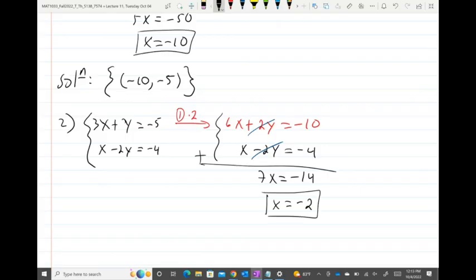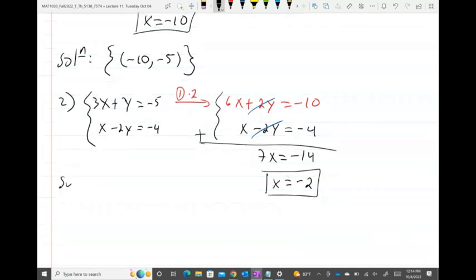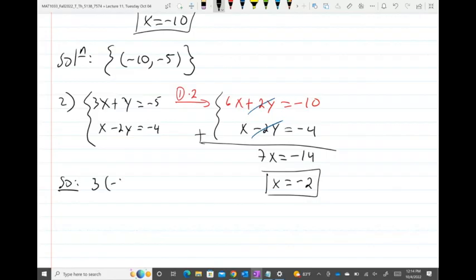Once you have your x, we need to figure out y. Now here there is an equation that's very easy to find y. Which one should you use to find y? The top one, right? Because y is already by itself. You just move this to the other side, right? So you put the -2 here. That's -6. Move it to the other side, and you're done. So I'm going to use number 1. So we get 3 times -2 plus y equals -5.